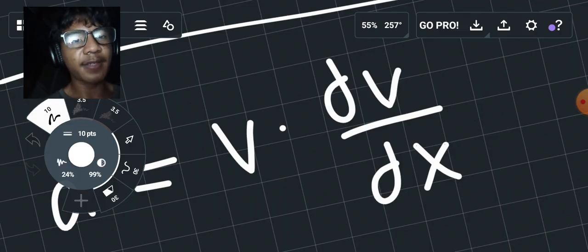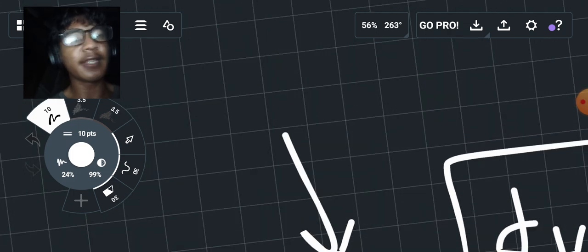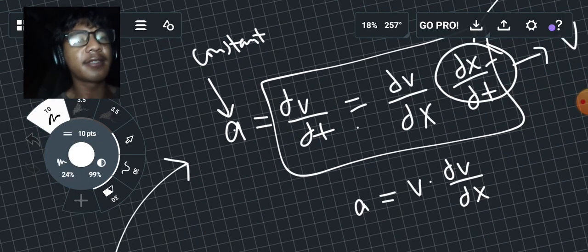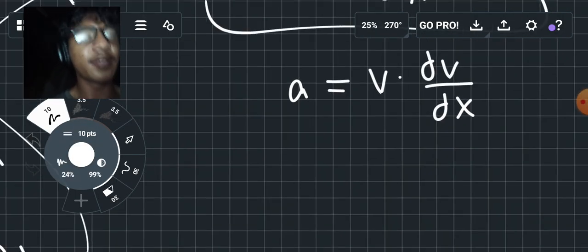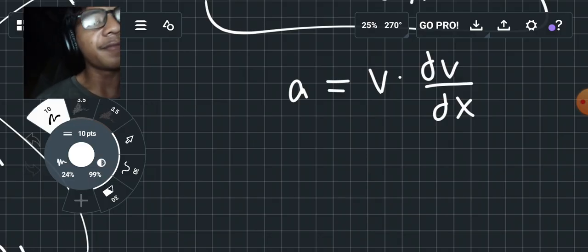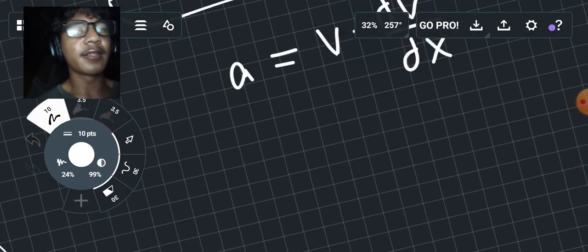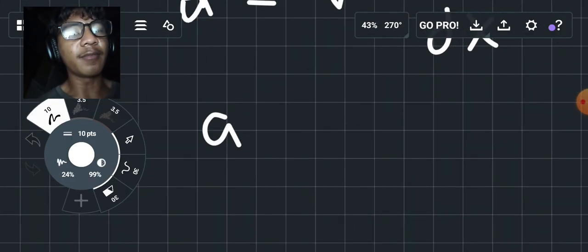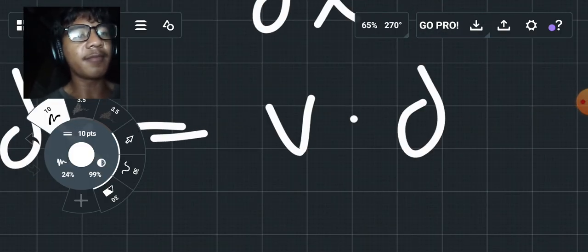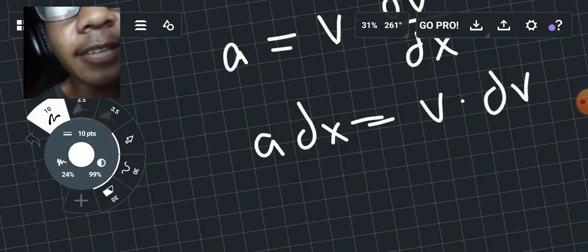Okay? And assuming for our purposes that a is constant, for projectile motion, we can separate variables. So we can move dx here and then just leave v and dv here and then integrate.